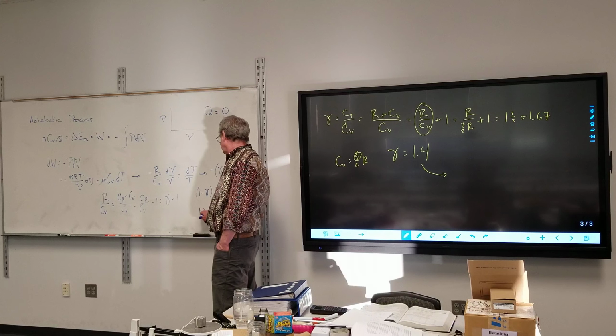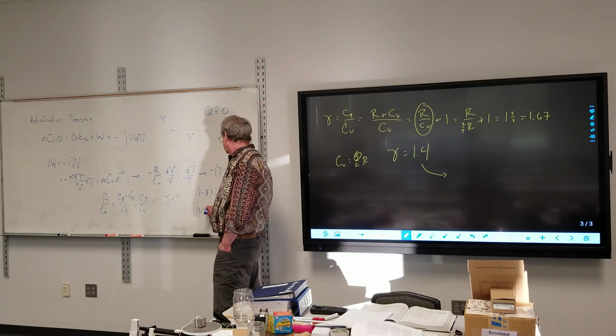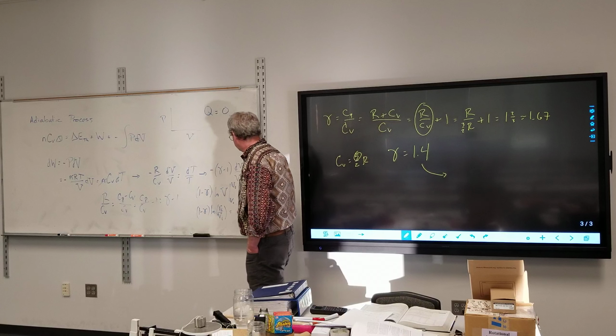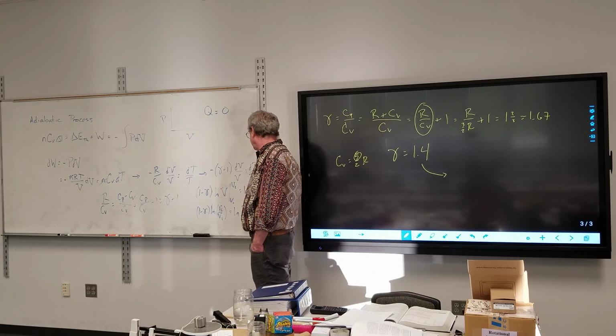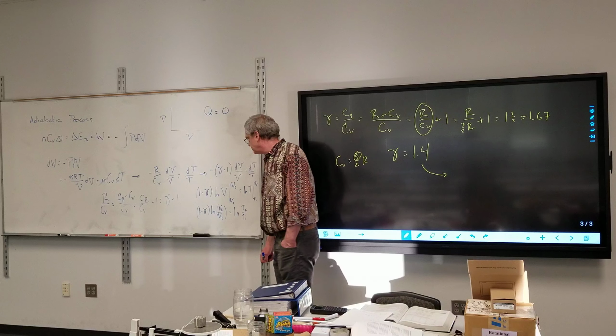So we have 1 minus gamma times the natural log of Vf over Vi equals the natural log of Tf over Ti.